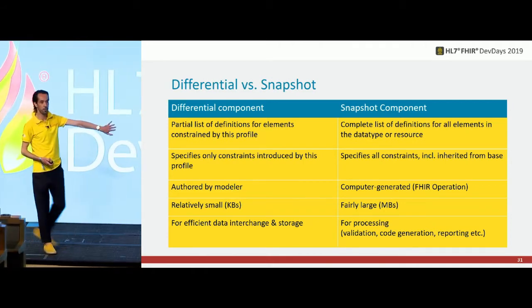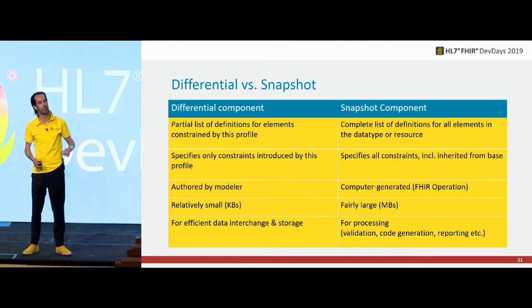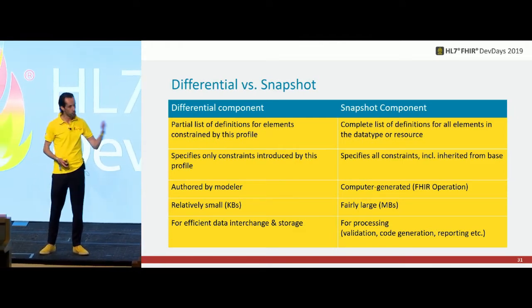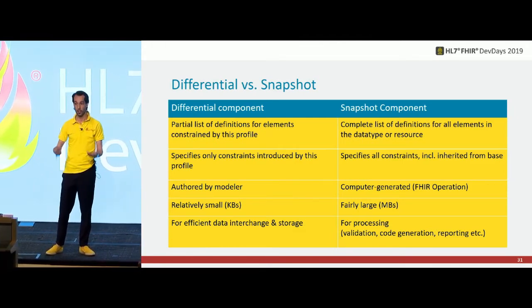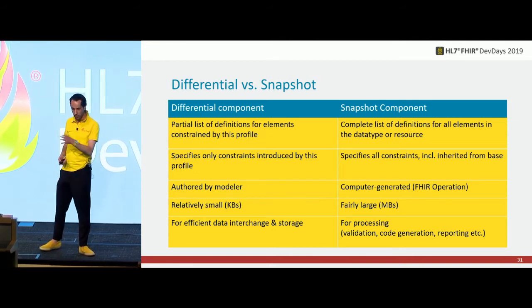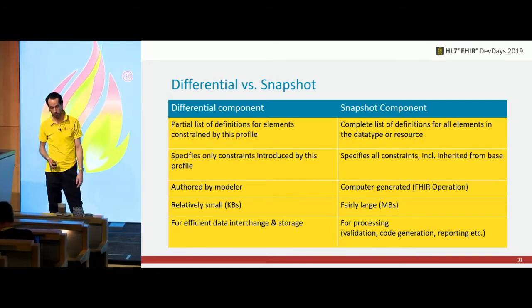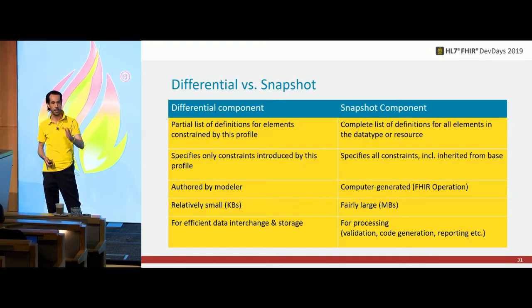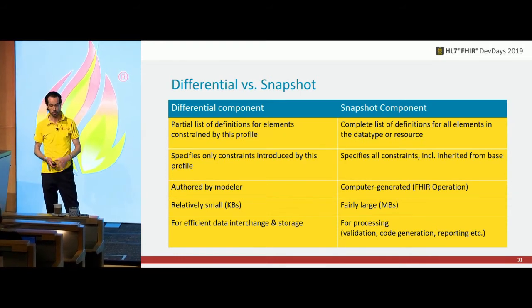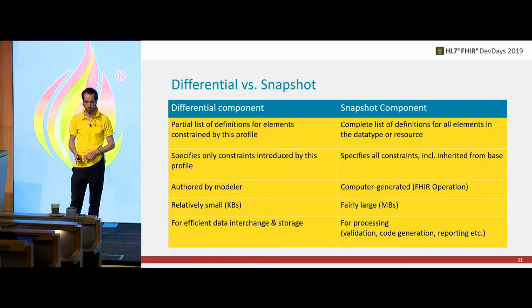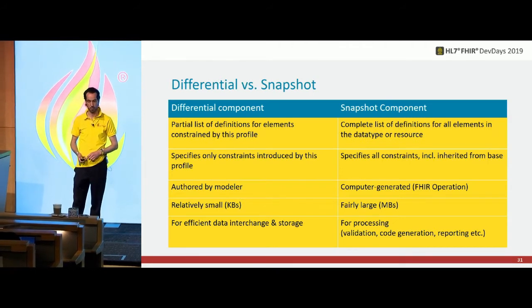So you can just publish a structure definition with a differential, and if it's a smart server, it knows how to expand it into a snapshot, and then it can use it. However, if a server doesn't have that capability, then you can generate the snapshot manually on your machine and publish that to the server. And there are snapshot generator components for Java and for .NET available, so you don't have to write it yourselves. It's actually pretty hard. But it's all in place.